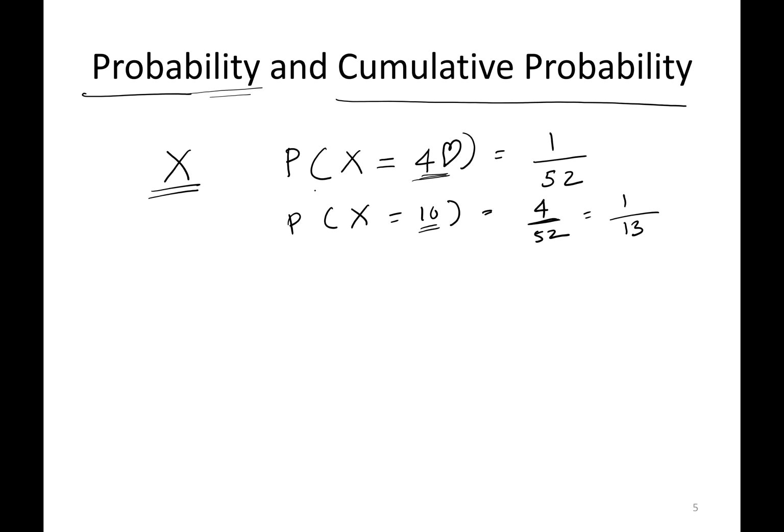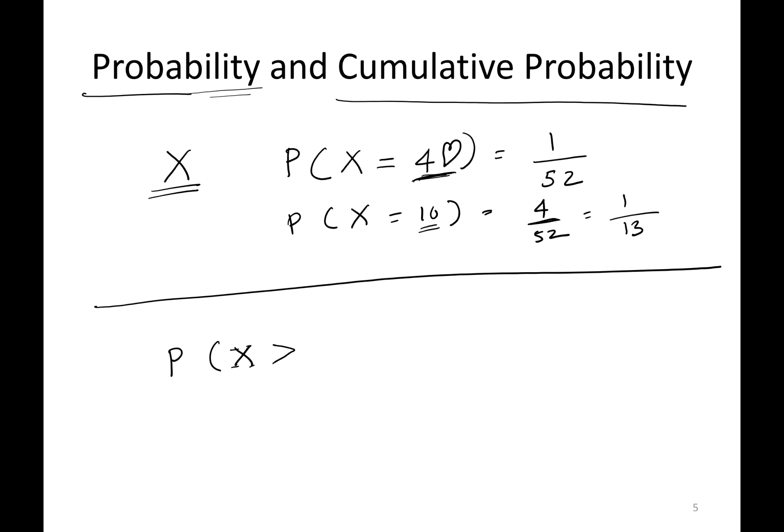So you know the exact probability associated with these events when you deal with a simple event like this within a deck of cards. But in hydrology, as I mentioned earlier, we are not dealing with exact values. So X in this case will be a stream flow greater than 2500 and X less than 2600.